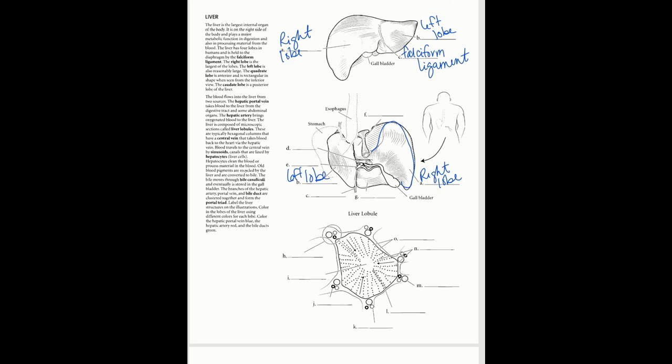And then here at C we have our ligament, our falciform. But we've also got quite a few different arteries and veins going through this area. If you look at E, this is our hepatic artery. So this is our blood supply going into the liver.